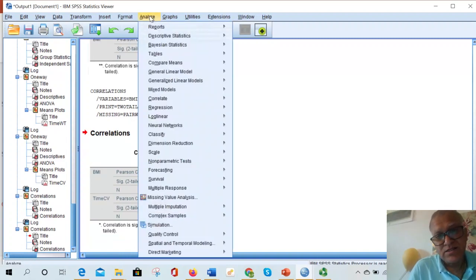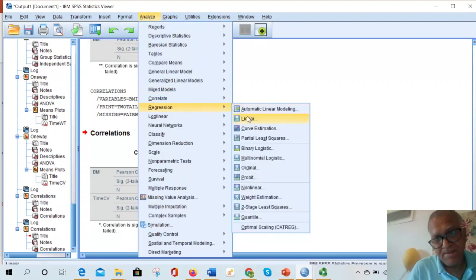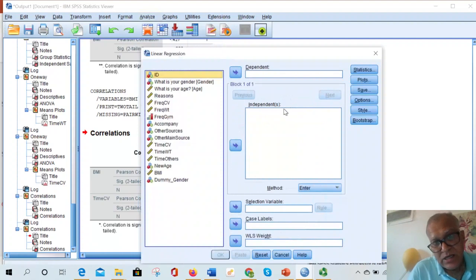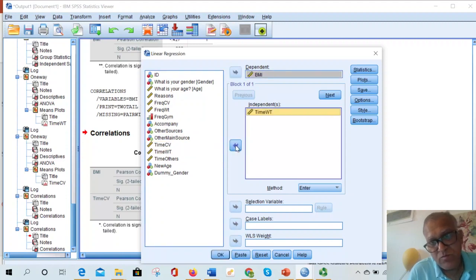And the last is regression. Let's do linear regression, and we want to know the relationship of body mass index with people's time spent on the weighing machine. Yeah, let's say one variable.